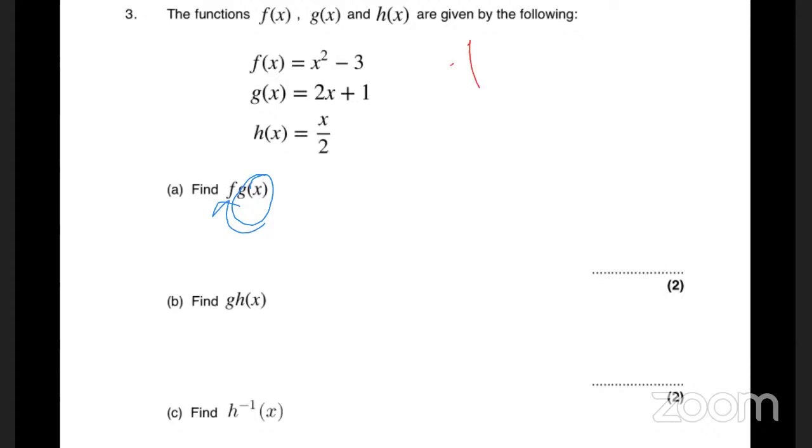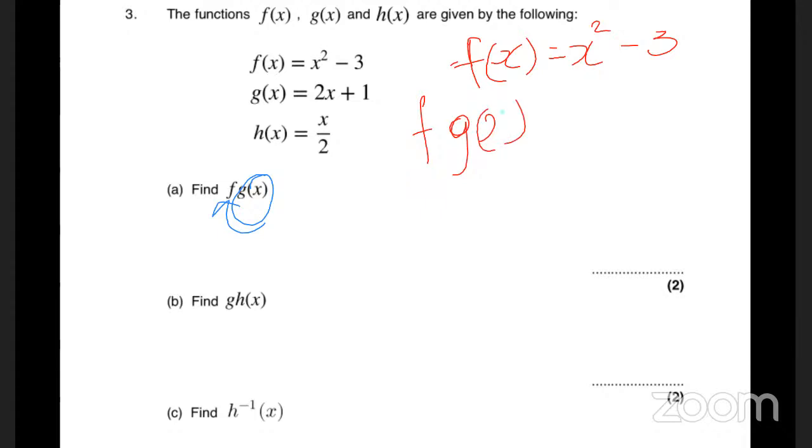So f of x equals x squared minus 3. Good. We're going to be putting in the function g into it now. So we're going to have f g of x.